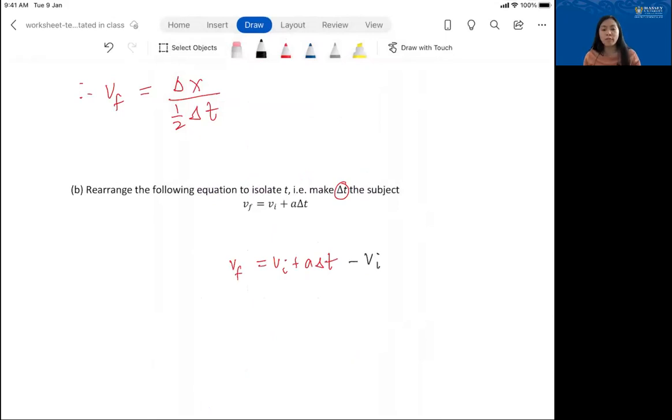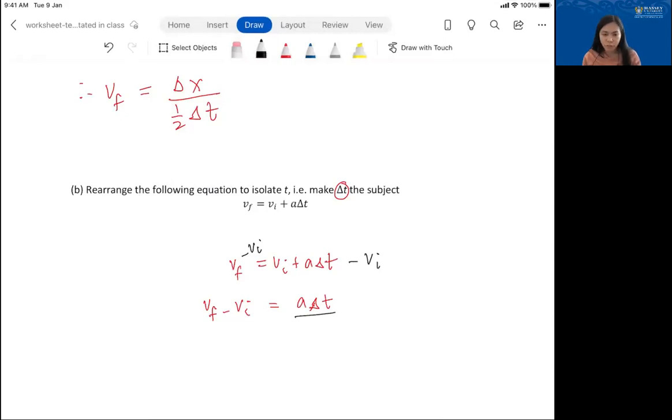I subtract VI on both sides. Okay. That eliminates VI on the right side because VI minus VI is nothing. That gives me VF minus VI on the left and just A delta T on the right side. Then A delta T is tied up by a multiplication sign.